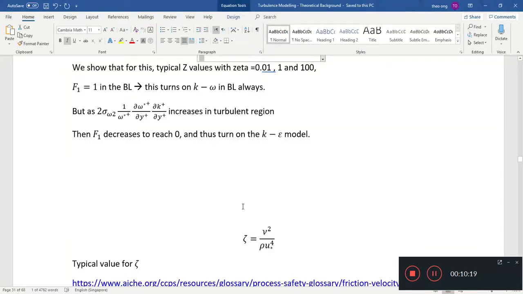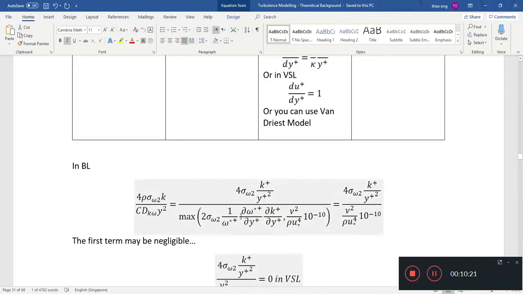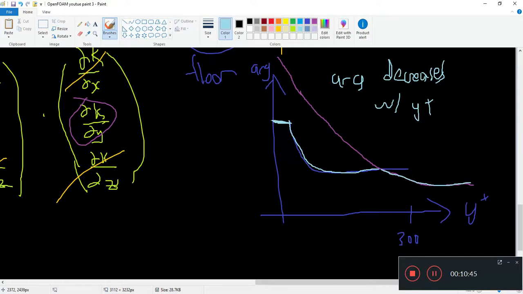Only when this whole term increases inside the turbulent bulk fluid region will you start to see this term decrease such that it is below this curve here. Then you will start to have different effects coming on, and you have the K epsilon. And then in the boundary layer, you have K omega.